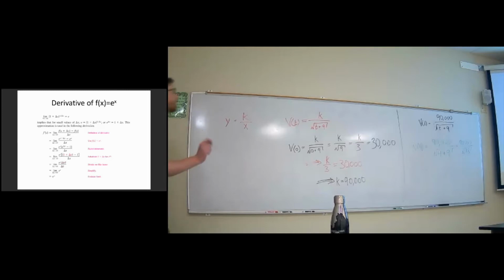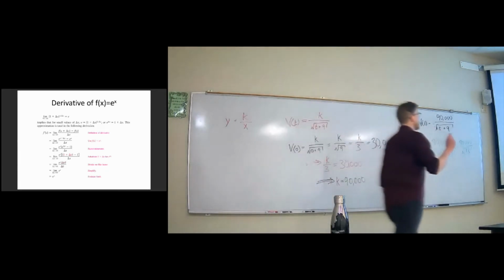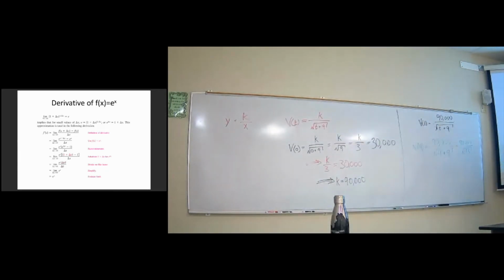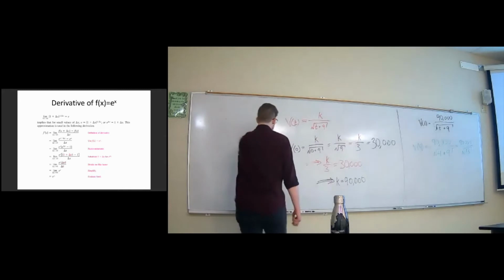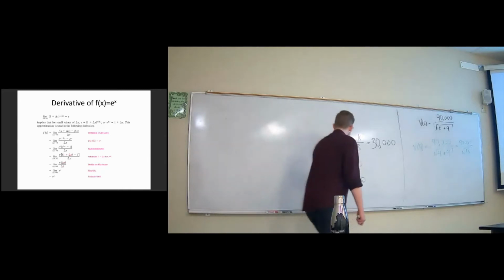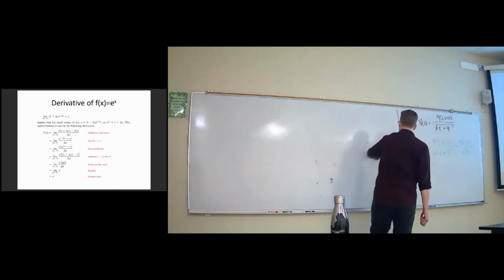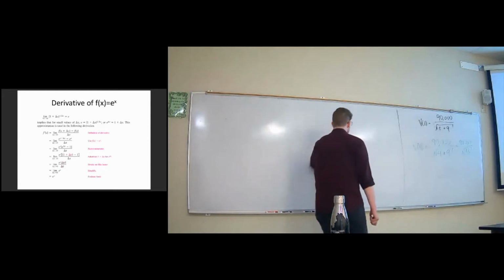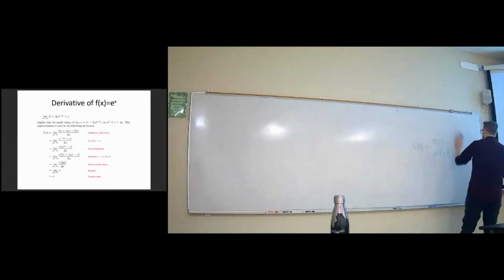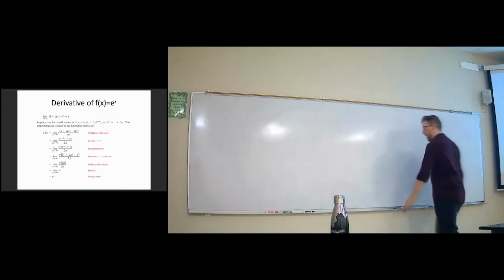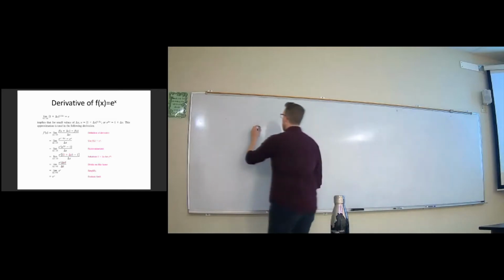is that for small values of delta x, for delta x approximately equal to 0, this thing is going to be on the order of 1 plus delta x. So what we're saying is, let me erase some of this. What is happening here is we are making a substitution.